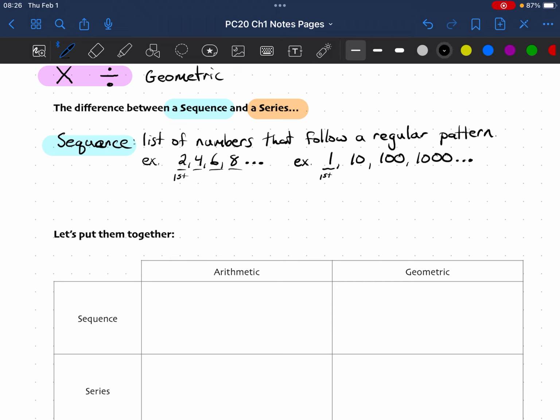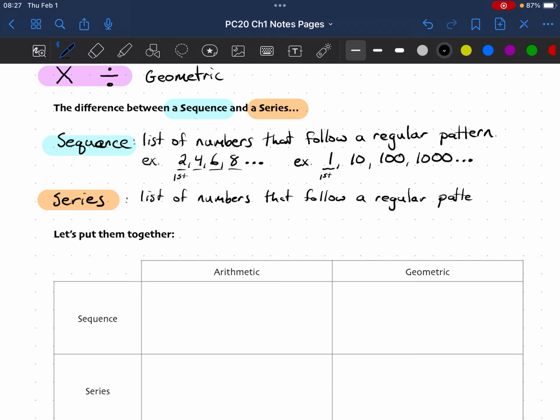Now, the series. A series is a list of numbers that follow a regular pattern and you add up the numbers.